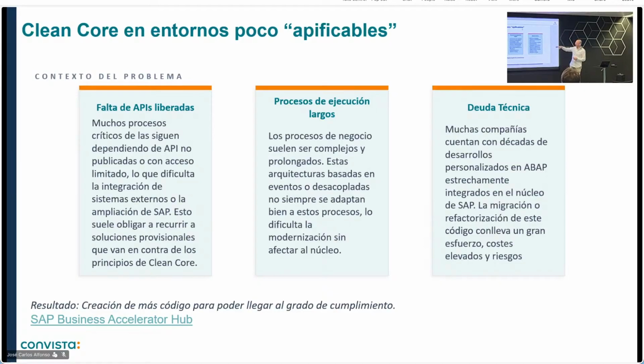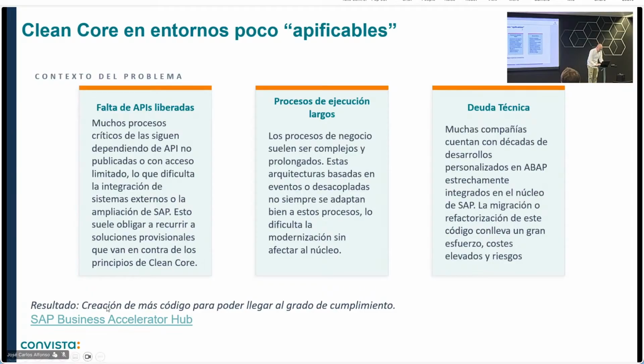The users are really used to that, and SAP transactions are based on these users, so the executions are really, really long. Considering that you don't have these APIs released, it's a tricky situation to create a clean core application, right? Most of these companies are big and have a lot of custom code coupled to the SAP GUI or classic ABAP, and the technical debt is too much to deal with in order to move to S/4HANA private cloud and apply clean core. It's too much to consider.